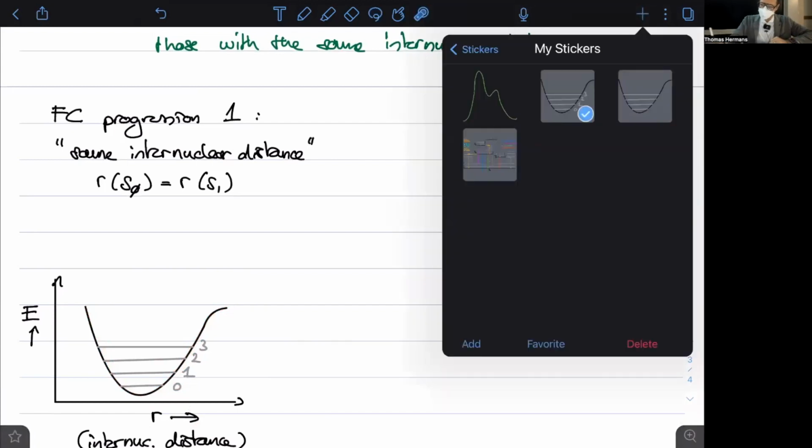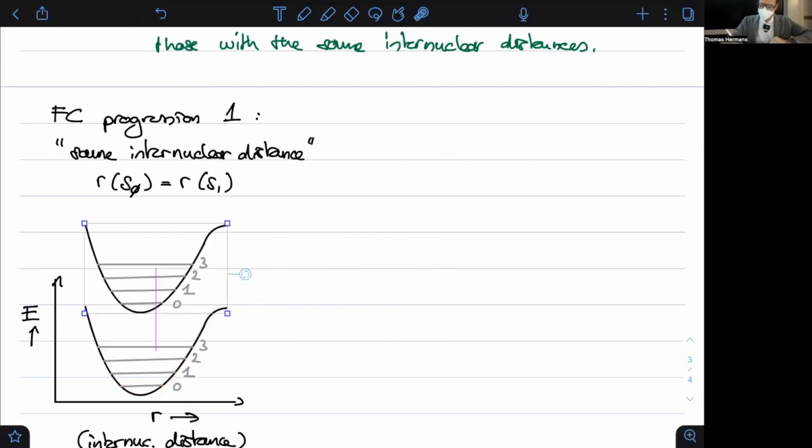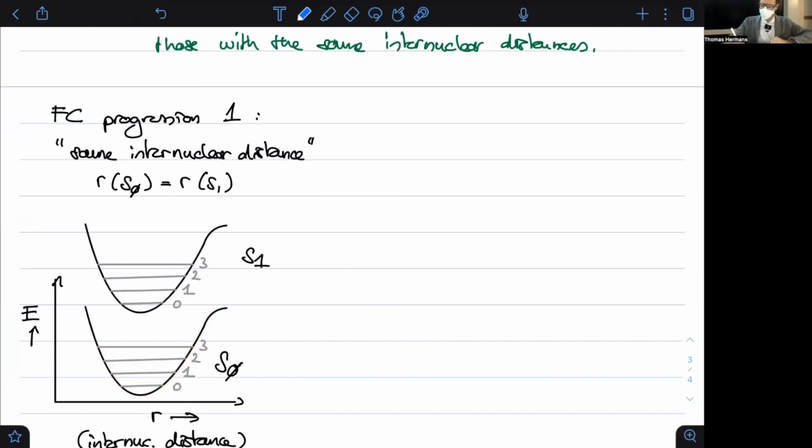Okay, so let's draw these two levels exactly aligned. I have my S0 state, my ground state, and I have my first excited state, S1. And now I'm going to look at absorption. Absorption, use blue. I'm at a certain internuclear distance, in the ground state, the 0th vibrational level.